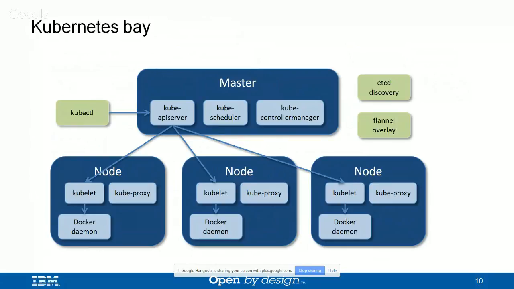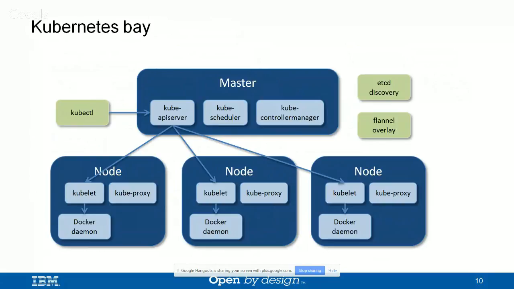These are the services that constitute Kubernetes. In the node, you have kube-proxy and the kubelet. Kubelet is the component that interfaces with the Docker daemon, and then talks to the kube API server.